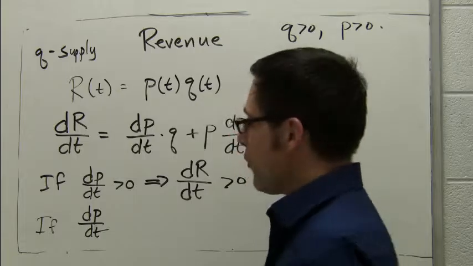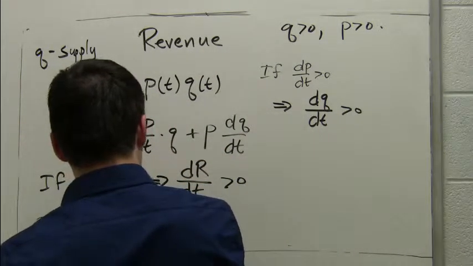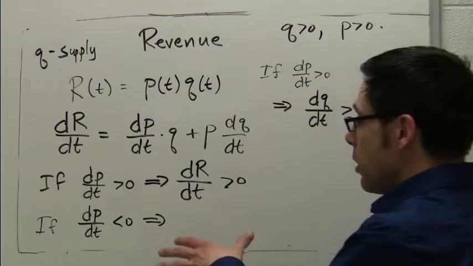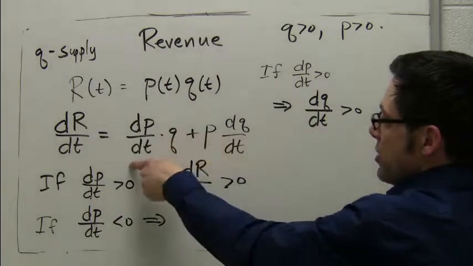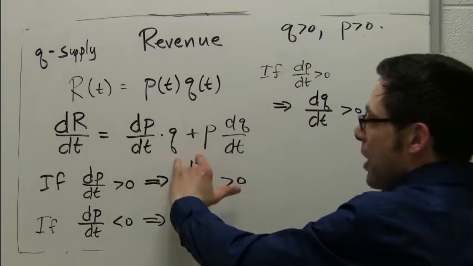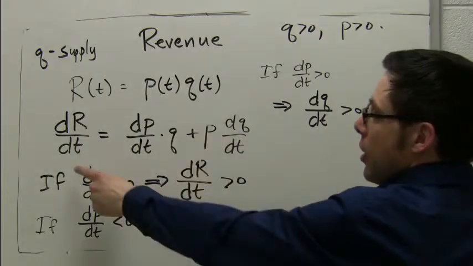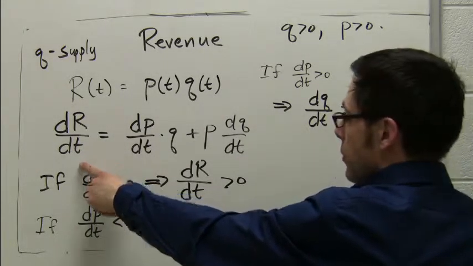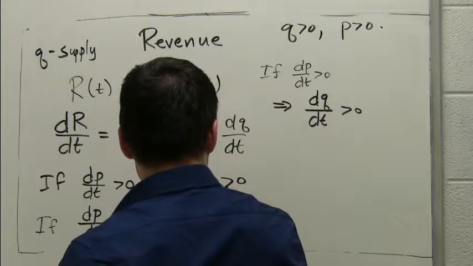And similarly, if the change in price with respect to time is negative, using the same idea, that means dq/dt is negative. These are both positive, but the rates are negative. That means overall dr/dt is going to be negative.